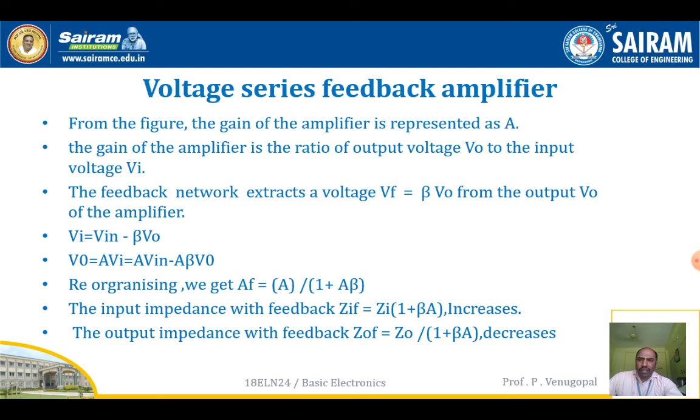So finally, by rearranging, we get AF is equal to A by 1 plus A beta. The input impedance with the feedback ZIF is equal to Zi into 1 plus A beta, which increases. The output impedance decreases with the feedback, that is ZOF is equal to Z0 divided by 1 plus A beta.